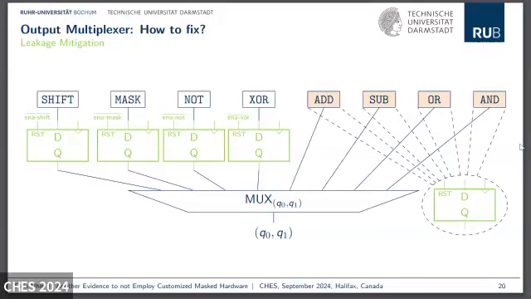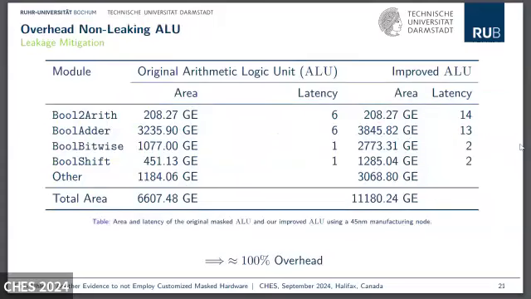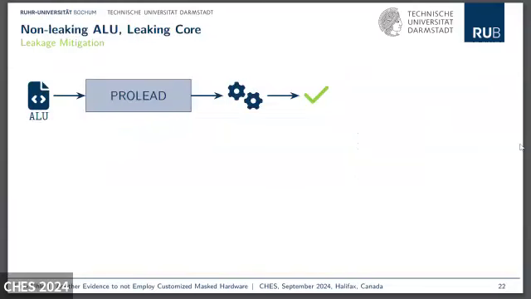I'm not going into details here, but it has something to do with transitions. And all these changes I've shown now double the size and double the latency of the core we have now, but this core is secure. So ProLead found no leakage anymore.